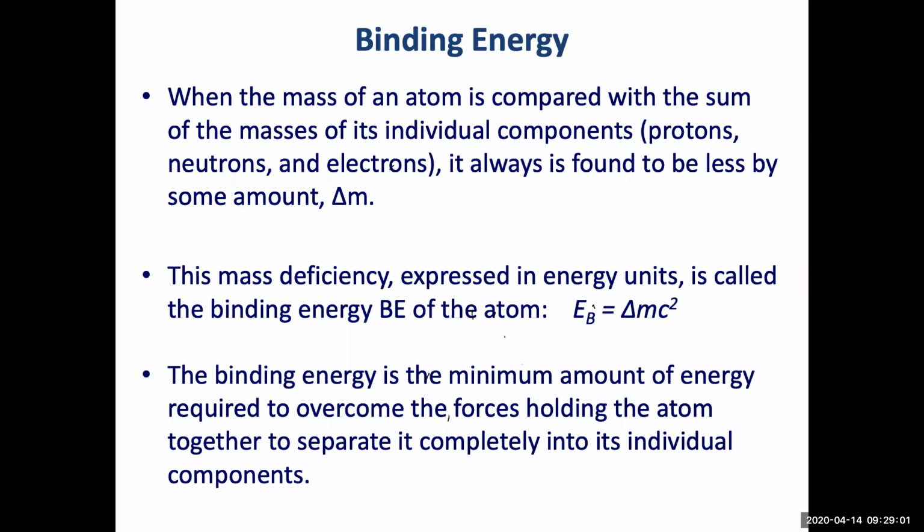Some of this represents the binding energy of orbital electrons, that is, the energy required to strip the orbital electrons away from the nucleus. However, most of this energy is nuclear binding energy, the energy required to separate the nucleons, protons and neutrons. So we have nuclear binding energy, and we have orbital or electronic binding energy.